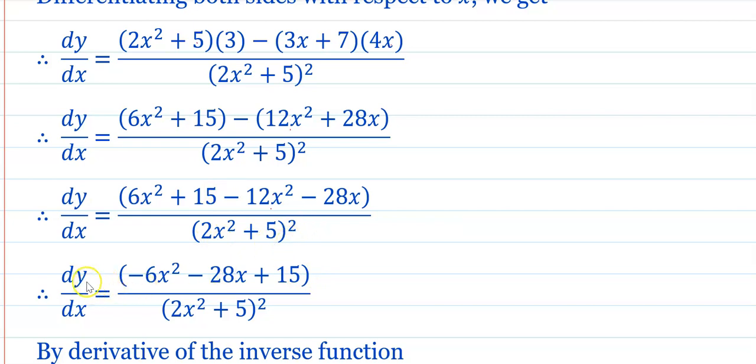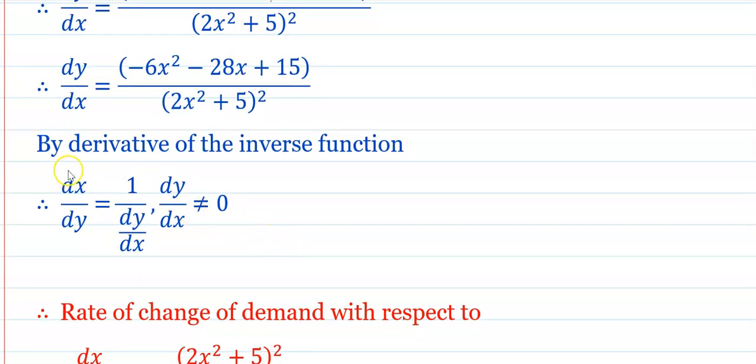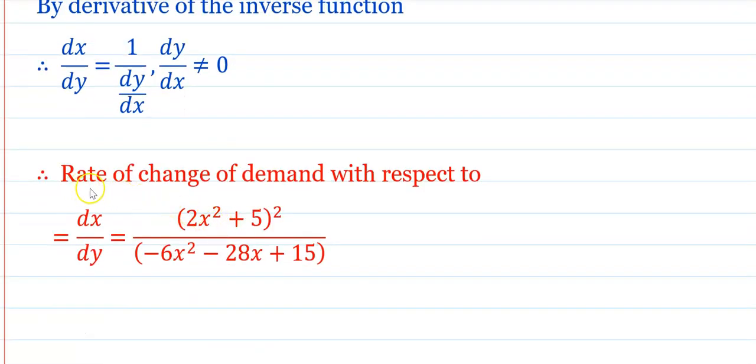Okay. And therefore, the dy by dx is equals to minus 6x square minus 28x plus 15 upon 2x square plus 5 bracket square. Therefore, again, by the derivative of the inverse function dx upon dy is equals to 1 upon dy by dx, where dy by dx is not equals to 0, and hence the rate of change of demand with respect to its price is dx upon dy is equals to 2x square plus 5 bracket square.